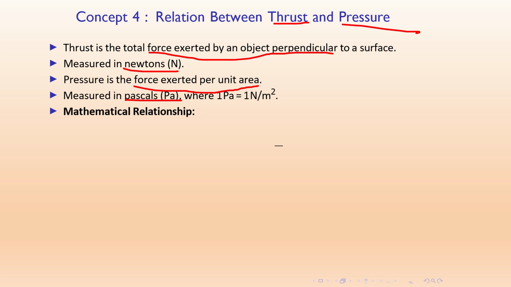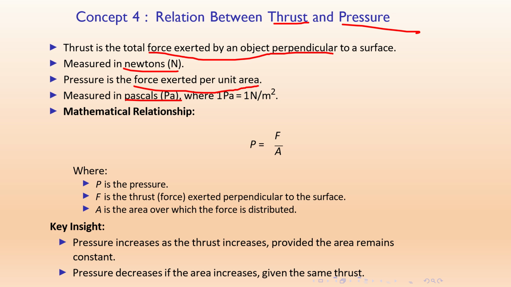Coming to the mathematical relation, P is equal to F by A, where P is the pressure, F is the force, A is the area over which it is acting. Pressure increases as the thrust increases, means force increases, provided that the area is the same. Means P and F, pressure and force, are directly proportional under constant area.